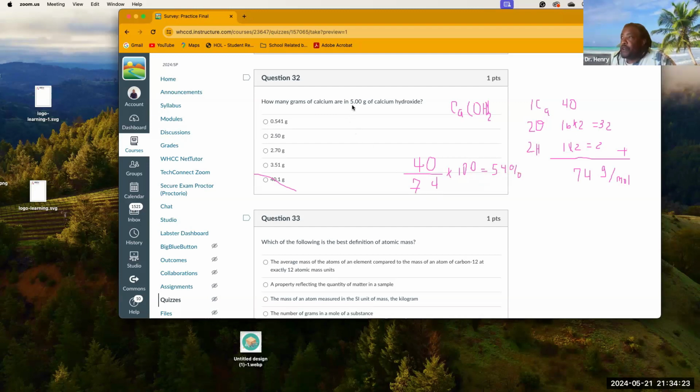So if we want to figure out how much calcium is in our calcium hydroxide, we could just multiply by a percentage here. So 5.00 grams times our fraction of that, 0.54.